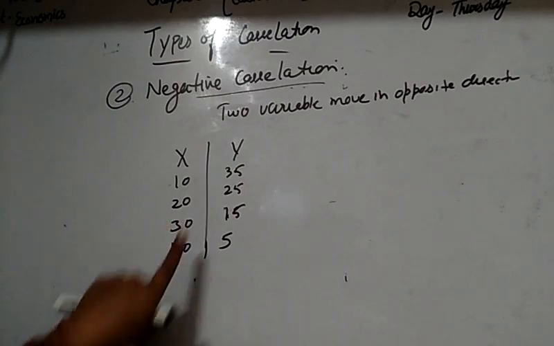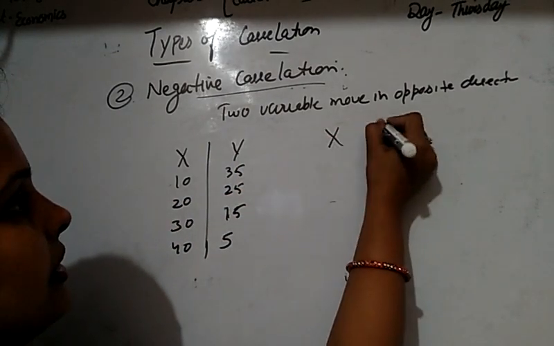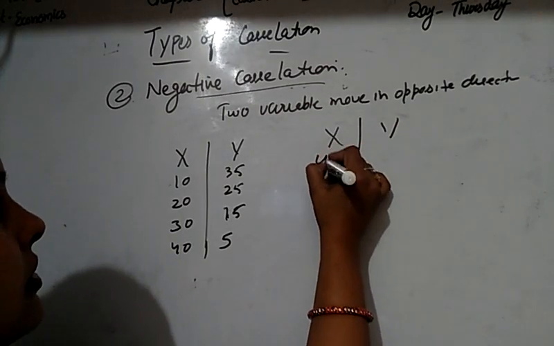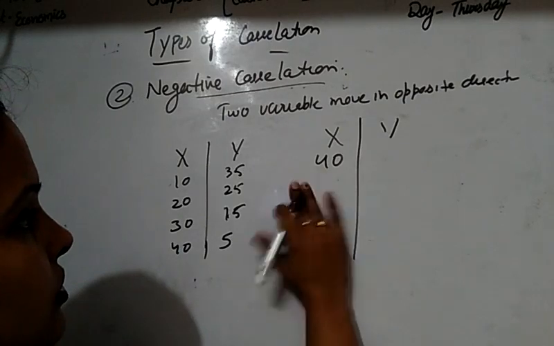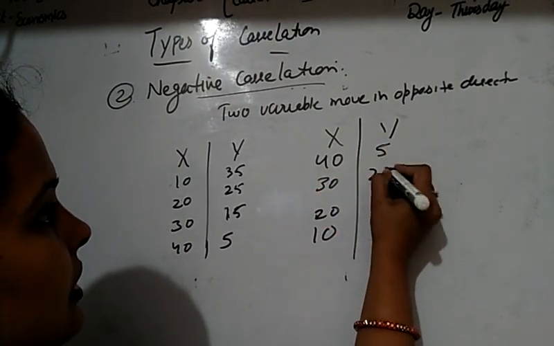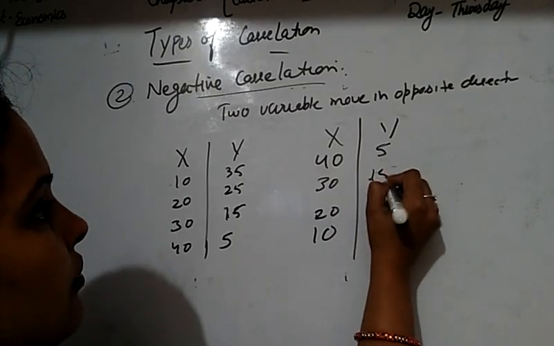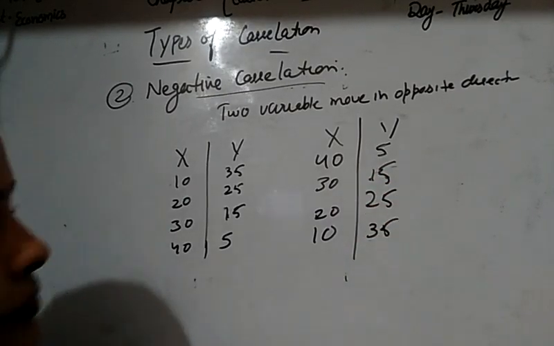If one increases, the other decreases. If one decreases, the other will increase. 30, 20, 10, and the other variable is increased, 15, 25 and 35.